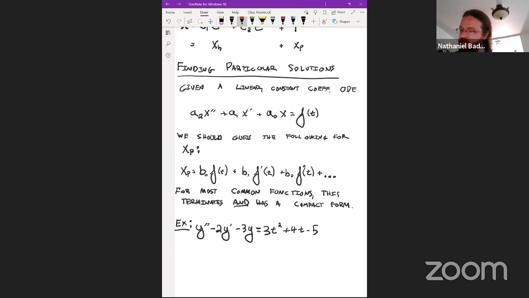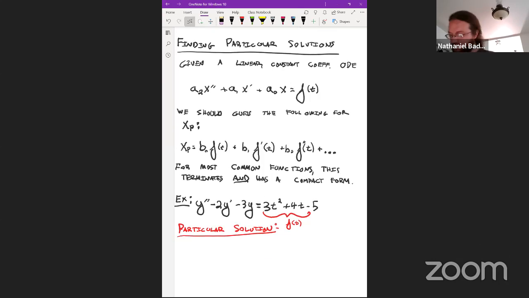Okay. So solving this out, let's think really fast about the particular solution. Secretly, this here is going to be our f of t. And our particular solution is going to look like f of t plus all of its derivatives.